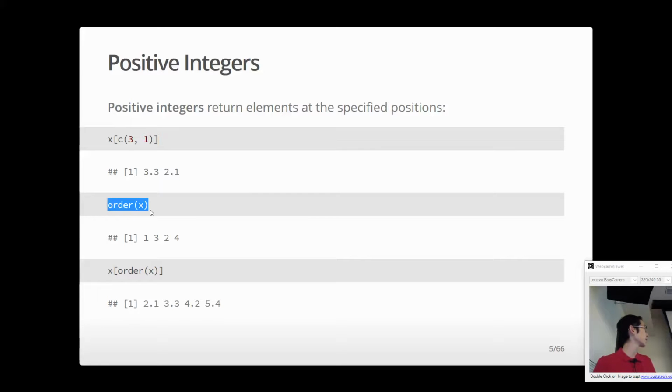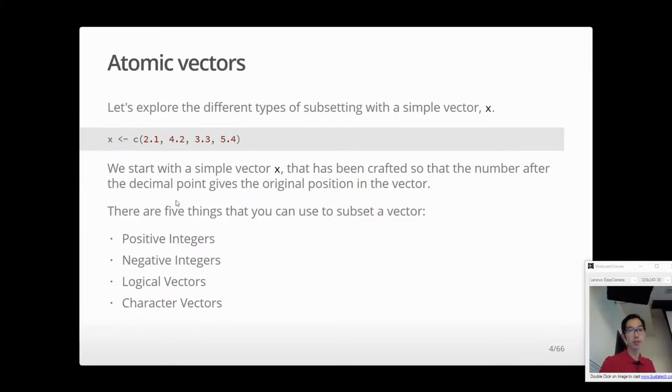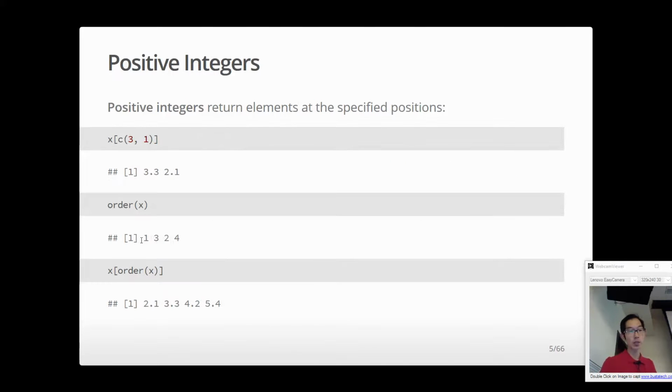If you say, I want the order of x, that gives you a sequence of integers that you would use to put them in order from least to greatest. So if we just flip back, the smallest one is the first one, the second smallest is the third, the next smallest is the second, and then the last one is the fourth, and that's what this shows.